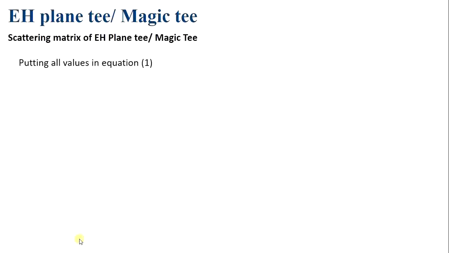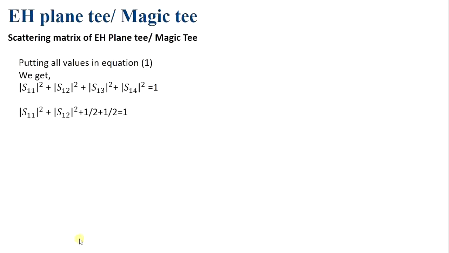Now putting all the values in equation 1, we get mod of S11 square plus mod of S12 square plus the 1 by root 2 square is 1 by 2 plus 1 by root 2 square is 1 by 2 equal to 1. So this is total 1. If this goes on this side, it is 1 minus 1 equal to 0.